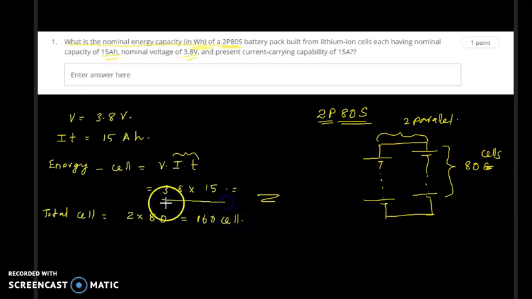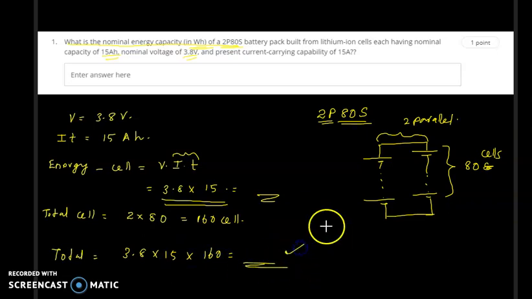This is the energy stored by a single cell. So the total energy is 3.8 into 15 into 160. So try this answer, you will get the total energy stored by the pack.